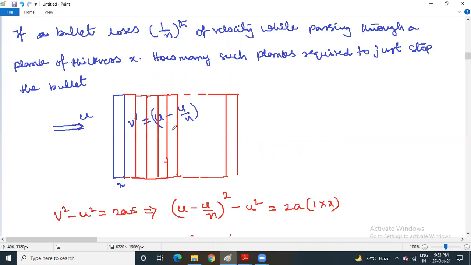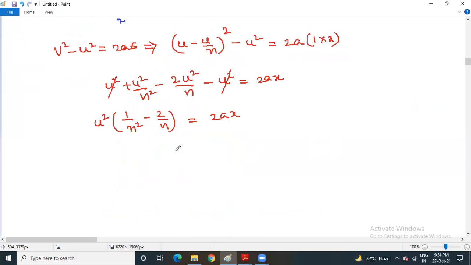Now in the second case, you may require m planks. It means initial velocity u, this may be the nth plank, this may be the mth plank, so that the bullet is stopped. Bullet is stopped means final velocity will be 0. You call this the first equation.